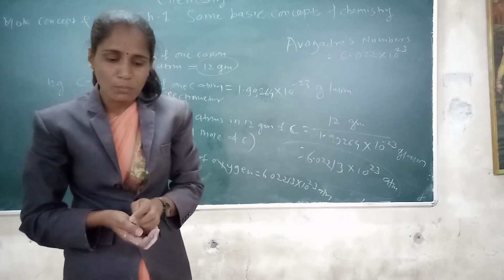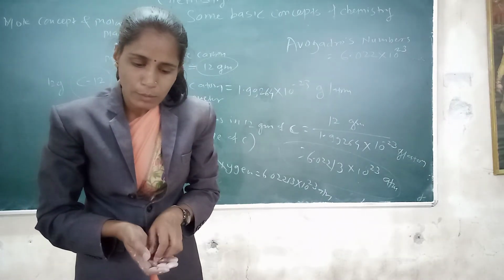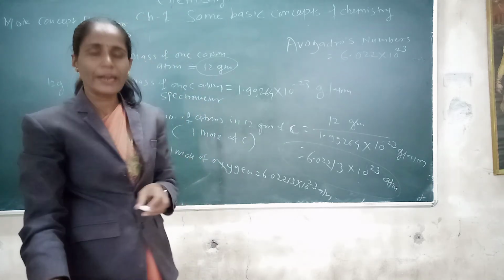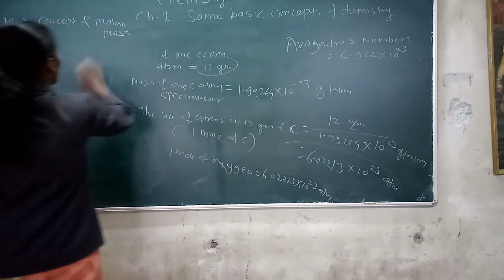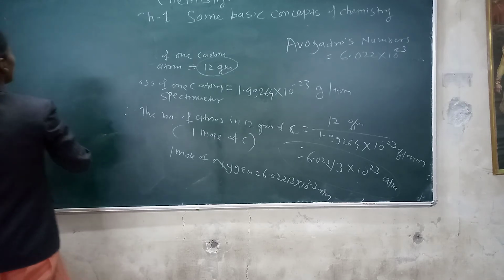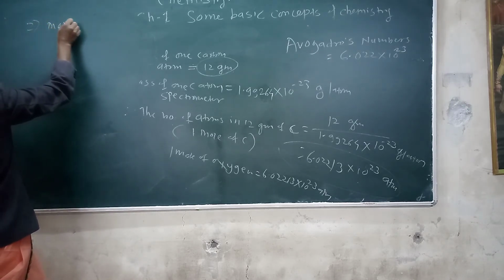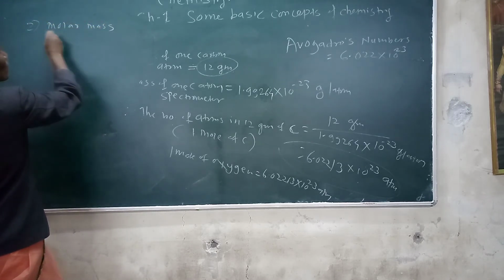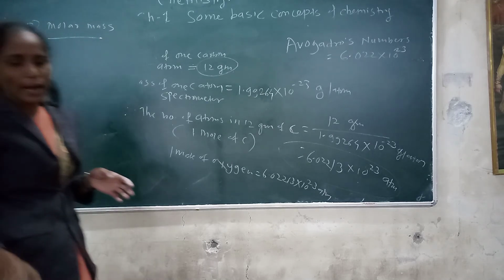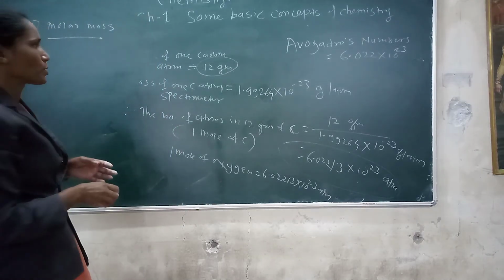Then molar mass. The mass of 1 mole of substance in gram is called molar mass. Second is molar mass. Molar mass means the mass of 1 mole of substance.